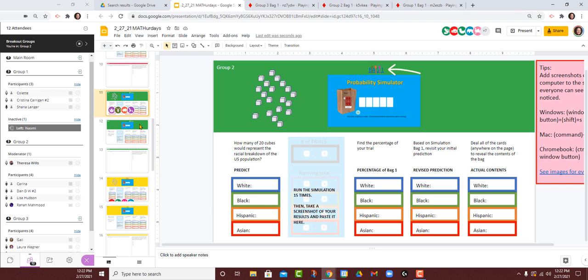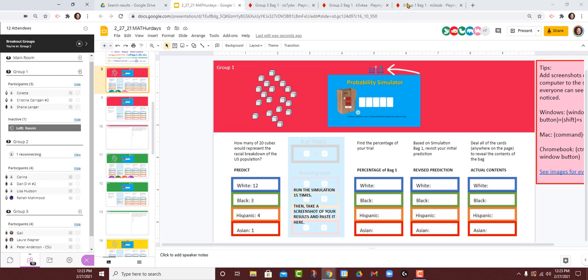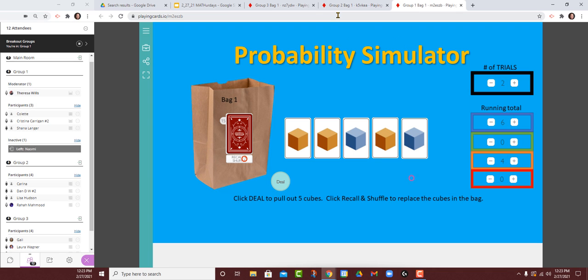I can go. Deal. So 2 orange, 2 blue, and a green. Okay, somebody else want to go? And 3 more orange. Ew, we got a green one that time.